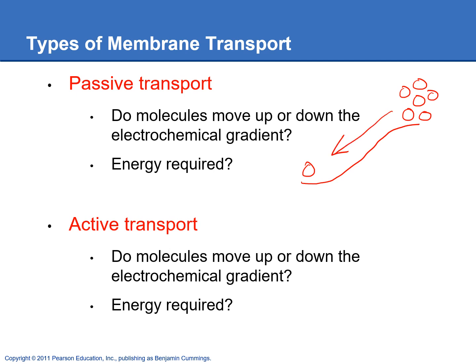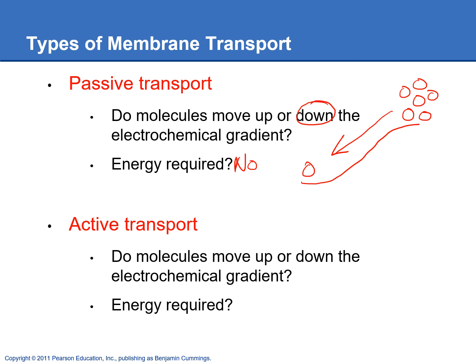So we're going to be moving down the electrochemical gradient, and we're going to explain what an electrochemical gradient is in another lecture. And if we're going downhill, remember that energy is not required, and that's why it's passive. Okay, so no energy required, and we're moving from high to low concentration, going down the gradient.